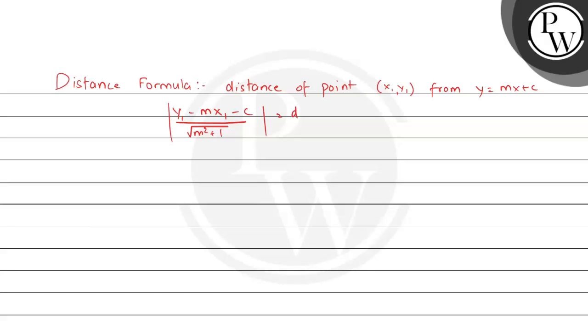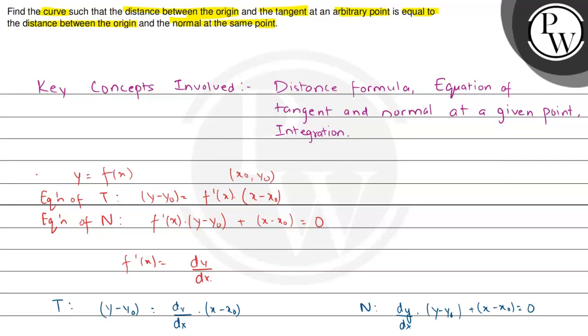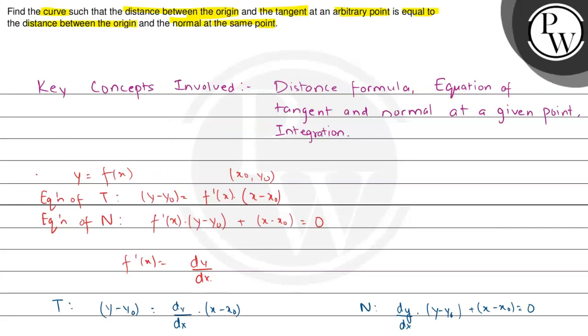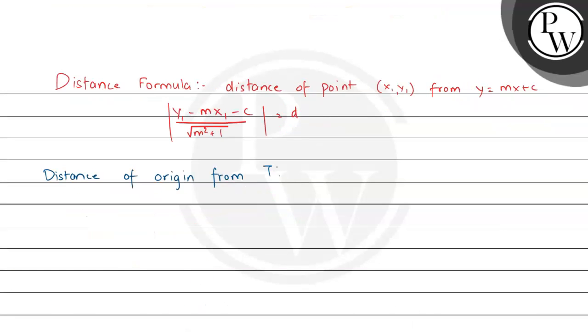So in our case, the distance of origin from tangent T would correspond to the value: instead of x and y, we'll put 0 comma 0, and x0 and y0 will remain the same. So we'll have 0 minus y0 is equal to dy by dx corresponding to x0 times 0 minus x0.